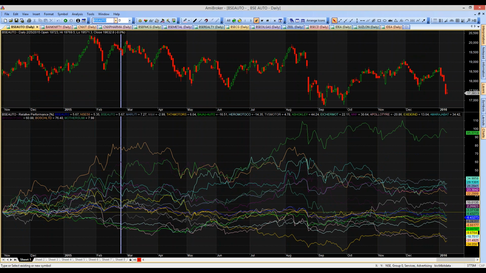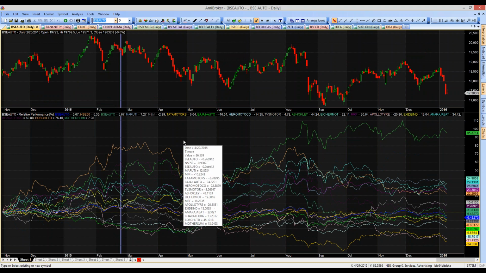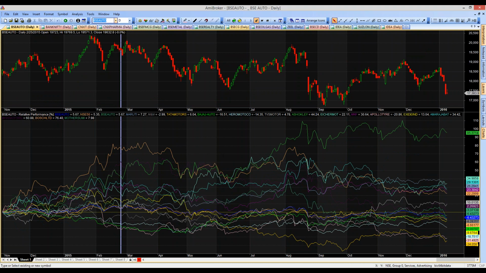Okay, so the idea here is, as you would have probably already noticed, that you've got Maruti, M&M, Tata Motors, Bajaj Auto, Hero MotoCorp, TVS Motors, Ashok Leyland, Eicher Motors, MRF, I hope you can see that, Apollo Tyre, Exide Industries, Amara Raja Batteries, Bharat Forge, Bosch, and Motherson Sumi.